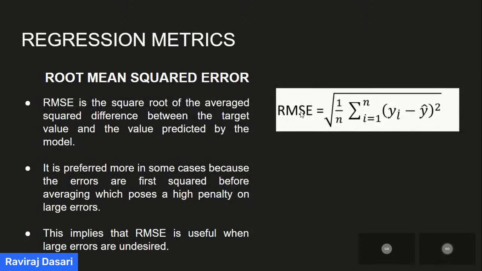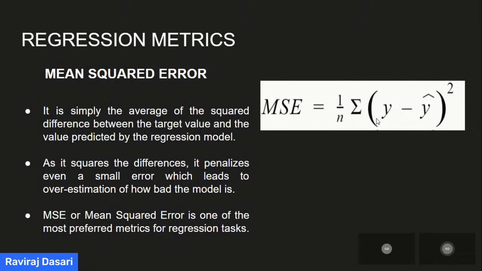But when you take squared error, it is 10 minus 100, 90 square, right? So this will be propagated much, this will be very high. So if the MSE is very high, that is an indication that there are a lot of outliers in the predictions.